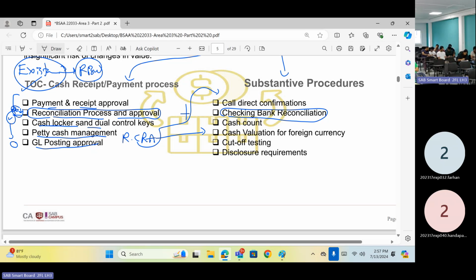Once you total these items, it says 6.1. So you have to ensure the arithmetical accuracy of the reconciliation. People can hide transactions by value pasting in the reconciliation. You have to ensure the arithmetical accuracy, right?